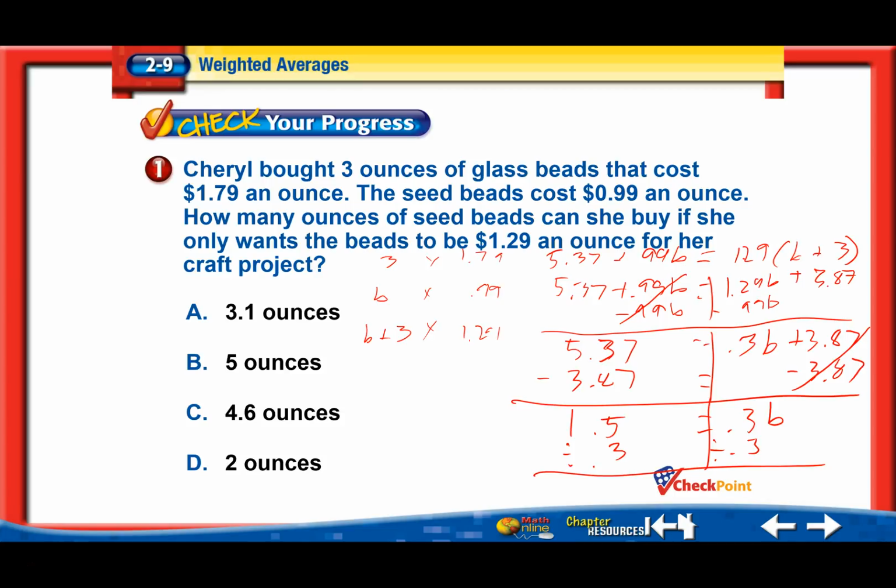And that comes out to 5 ounces. 5 equals B. So we'd say 5 ounces would be my answer. The hardest part about this is getting it set up. And I really do recommend using this here on the first thing, where you have how much of it times how much of it times how much, and then those two together times the desired price. That's going to be your big key.